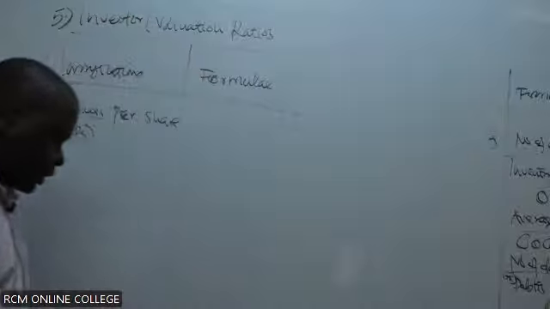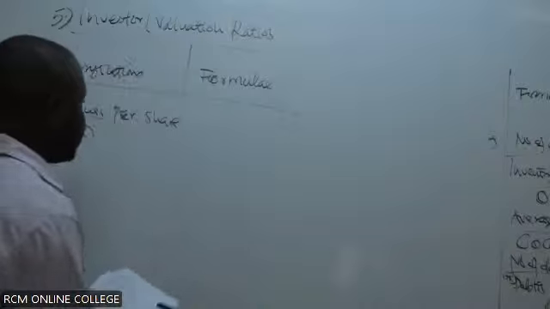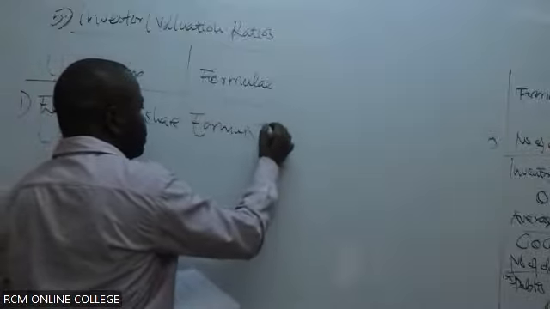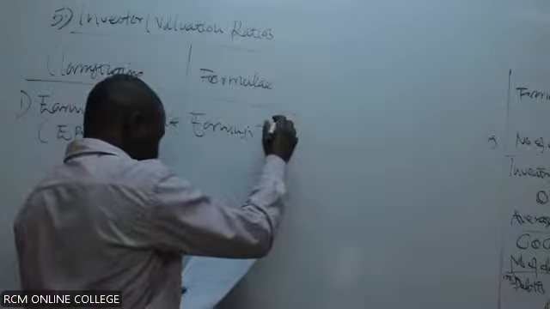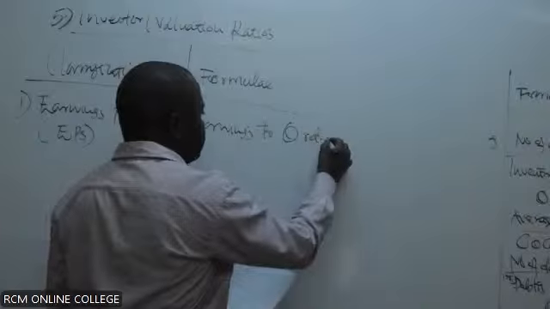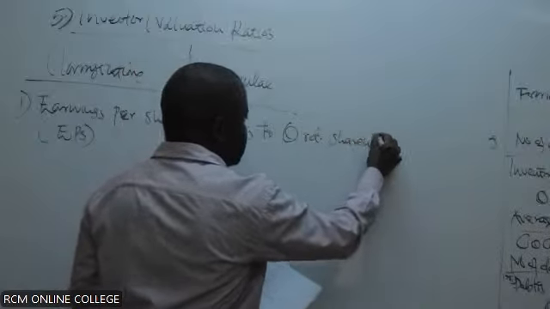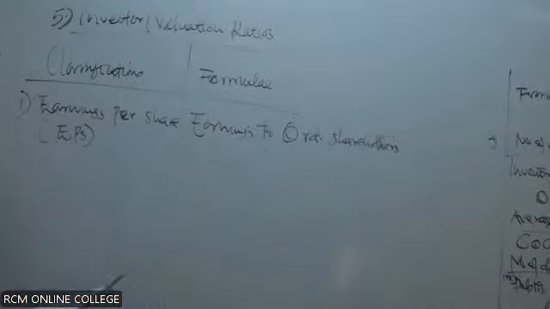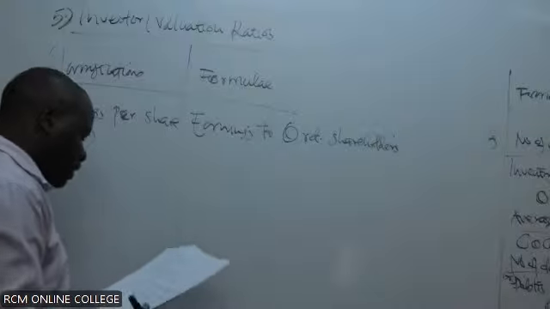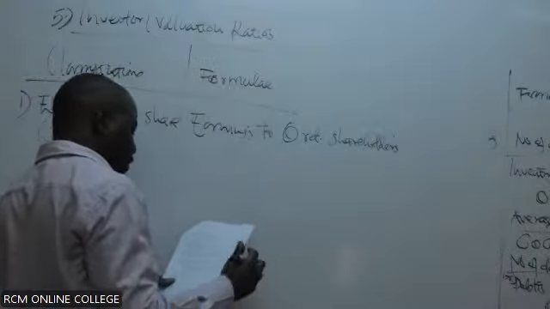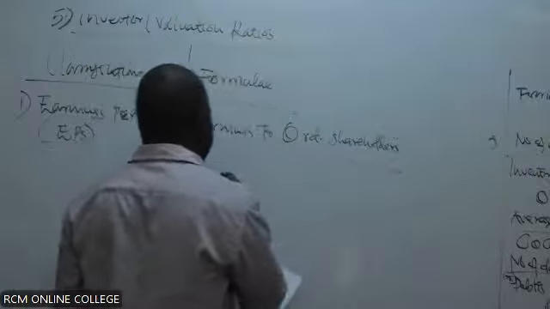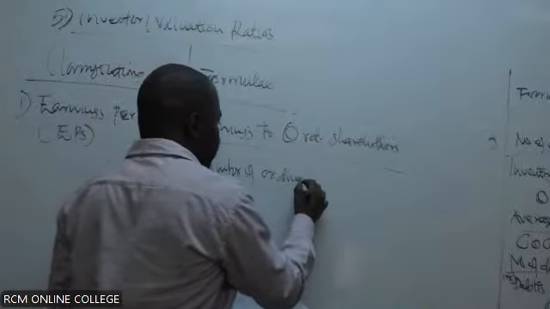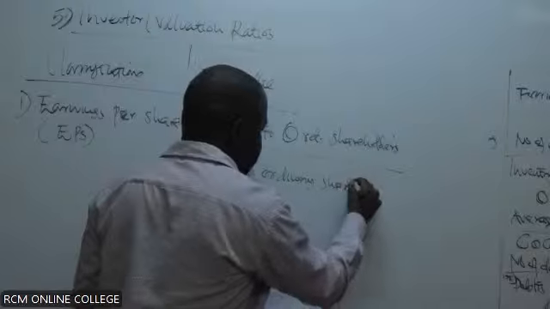In this case, you take the earnings attributable to ordinary shareholders, or simply earnings to ordinary shareholders.